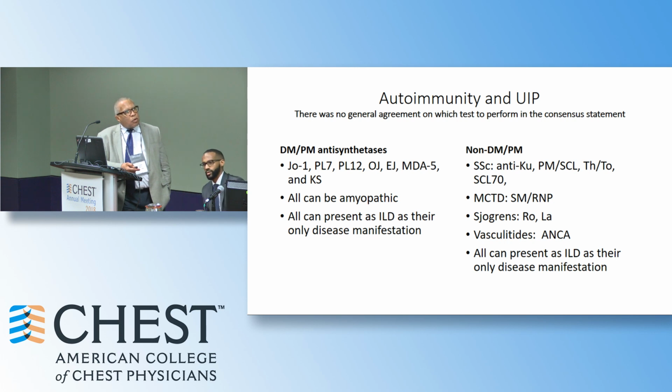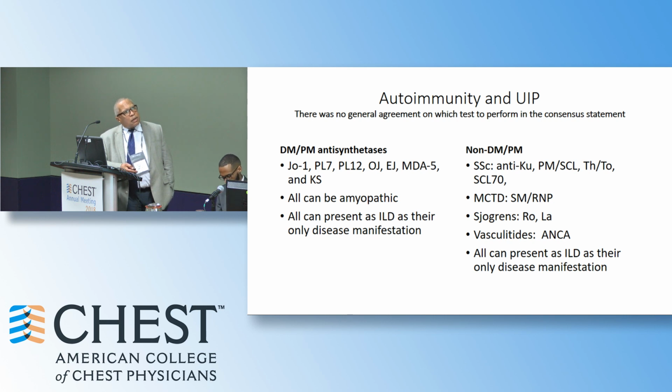So it's one of the reasons why we prefer immunoprecipitation techniques to evaluate for these particular proteins. It's important to state that all of them can be amyopathic, so these folks won't come to you from a rheumatologist. They'll come to you because they have respiratory symptoms. And the same is true for the non-DM-associated autoimmune diseases. For example, for scleroderma, anti-Ku, PM-Scl, Th/To, and Scl-70 are all important biomarkers, as well as Sm and RNP, Ro and La, and ANCA.